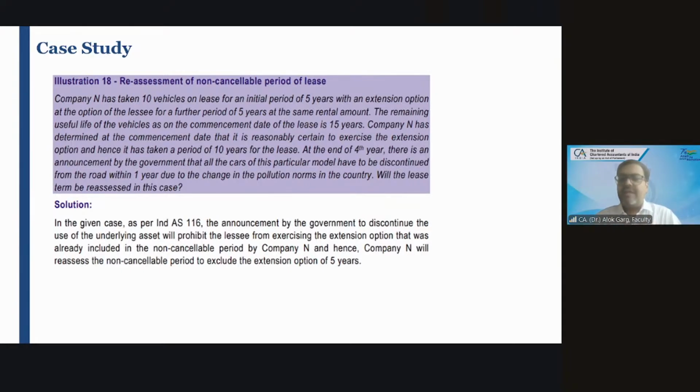So are you saying, for example, that at the end of the fourth year, the government came with the announcement that they will discontinue the vehicle in the next 1 year? So most probably after 9 months, they will forfeit the vehicle, right? So the vehicle is not available for use in the last 3 months. That's what you are saying? Yes, sir.